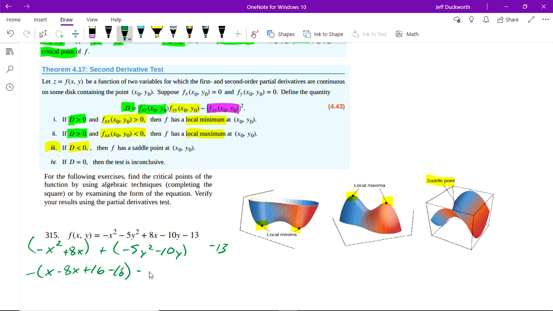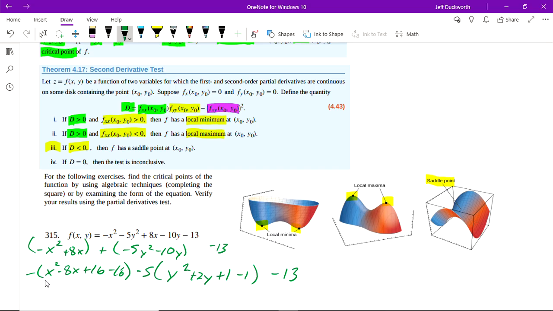I'm going to pull out a negative 5 here. That means I'm left with y squared plus 2y. So 2 divided by 2 is 1, 1 squared is 1, so I'm going to both add 1 and subtract 1 from this group.